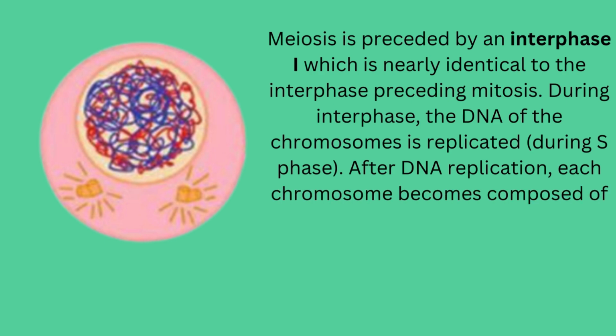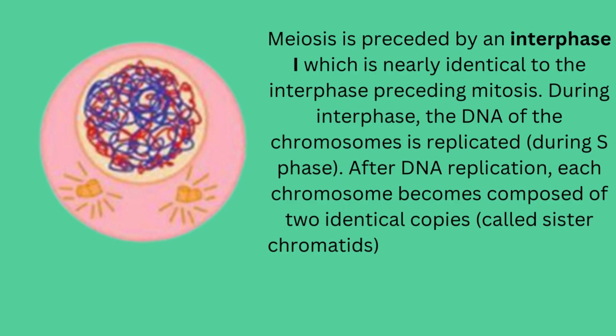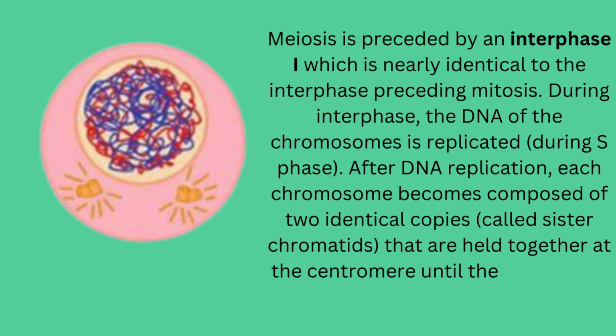During interphase, the DNA of the chromosome is replicated during the S phase. After DNA replication, each chromosome becomes composed of 2 identical copies, called sister chromatids, that are held together at the centromere until they are pulled apart during meiosis 2.